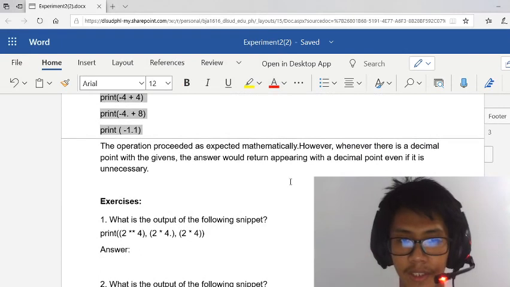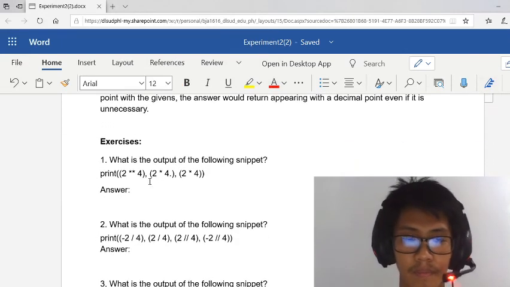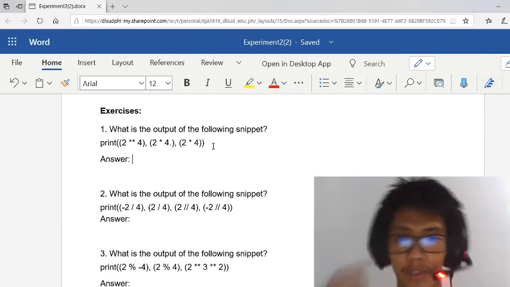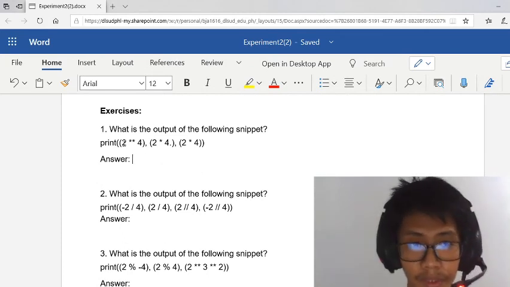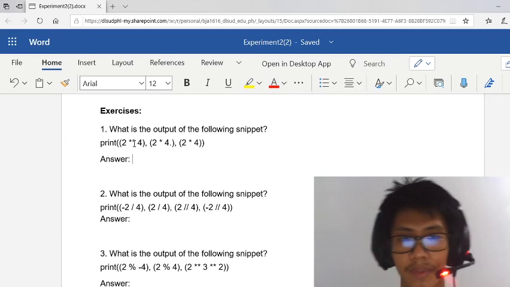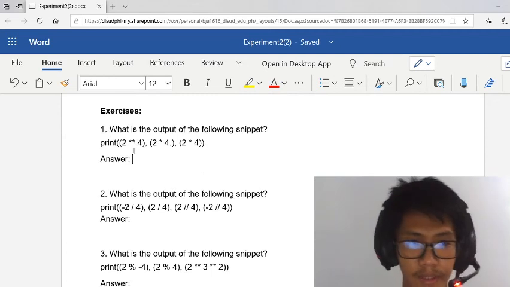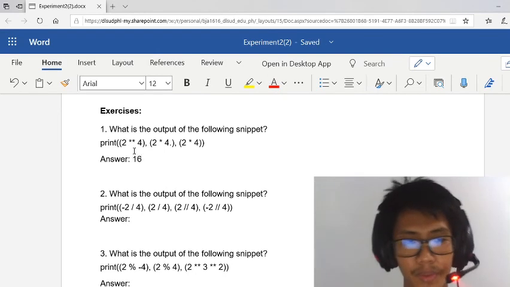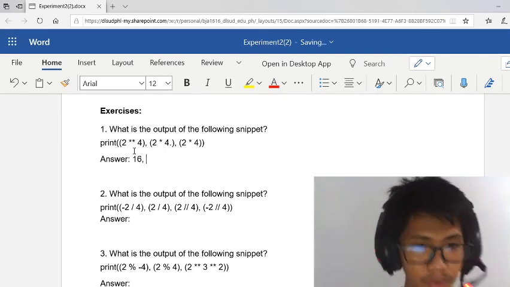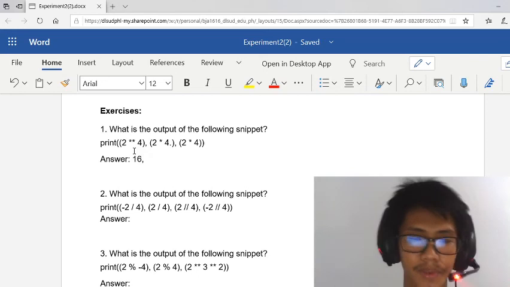Okay, exercises. So, what is the output of the following snippet? Let me answer this quickly. 2 raised to 4 should be 4 times 4, 16. Then the second one would be 2 raised to 4 with the decimal point, so 16.0 because it has a decimal point.